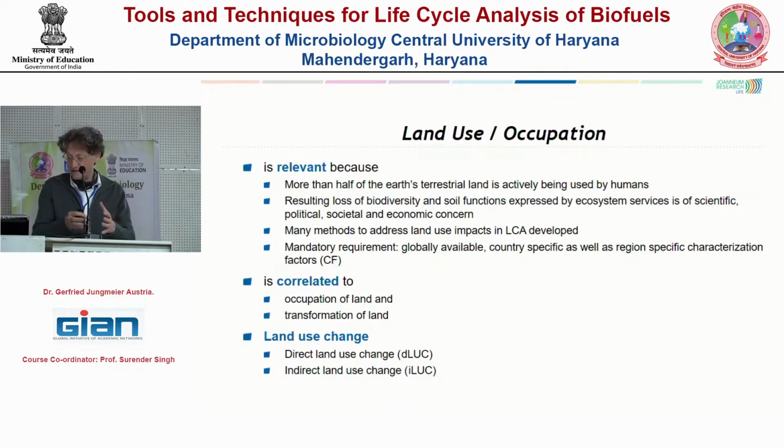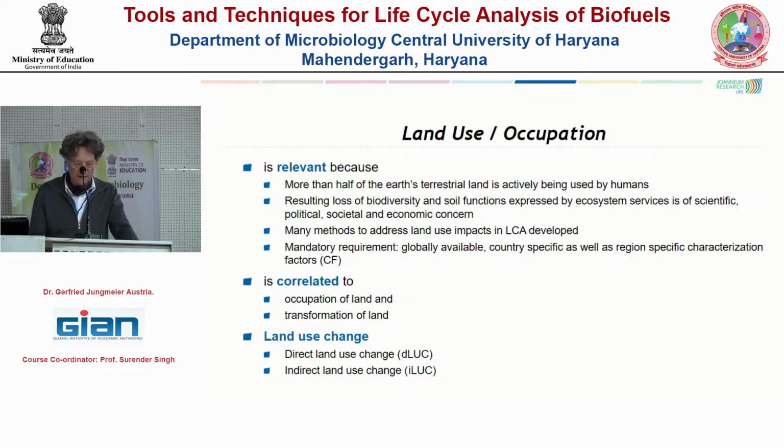And the other thing is that you also transform the land, for example from grassland to agricultural land. So this is also relevant in terms of the carbon stored there. So the transformation of land is also relevant in the reference land use we see on biomass resources.